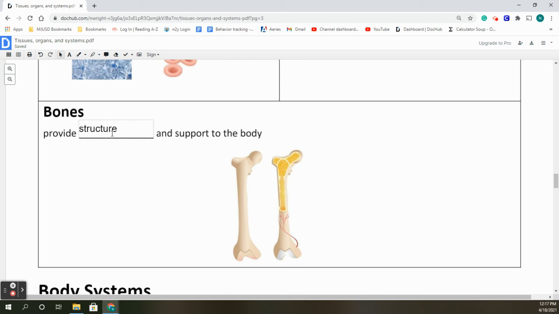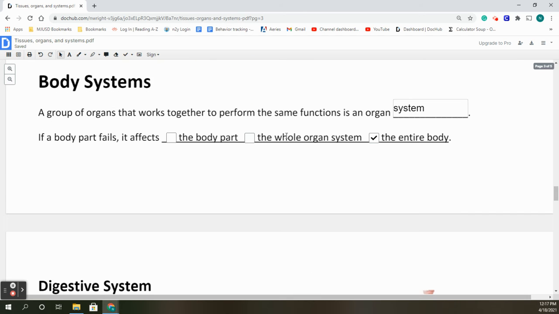Bones provide structure and support to the body. Body systems. A group of organs that works together to perform the same function is an organ system. If a body part fails, it affects the entire body.